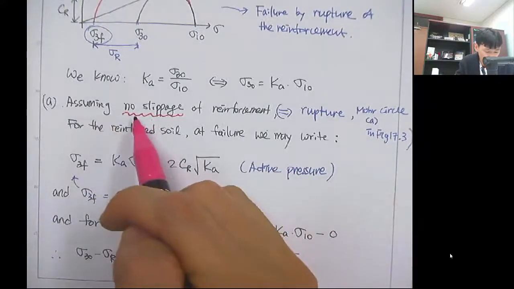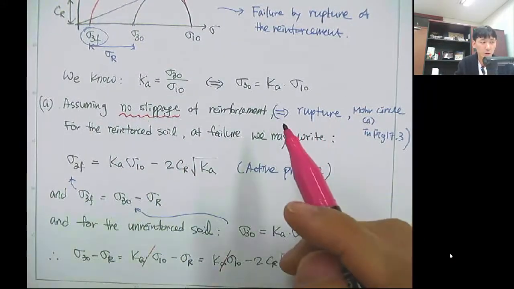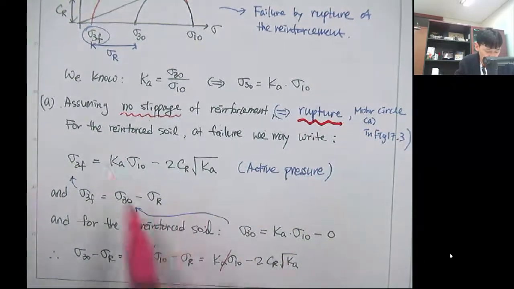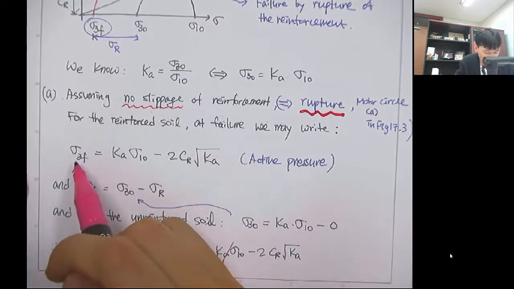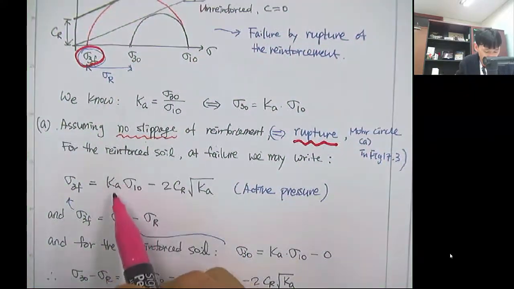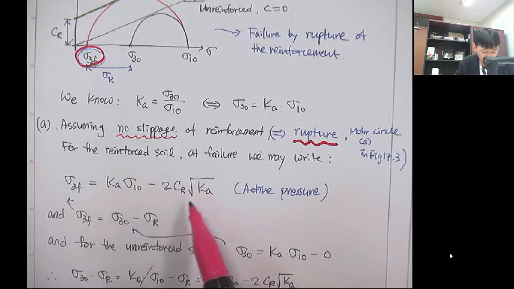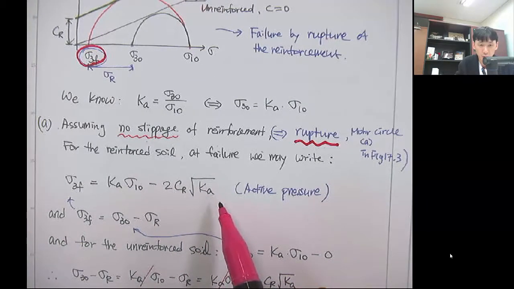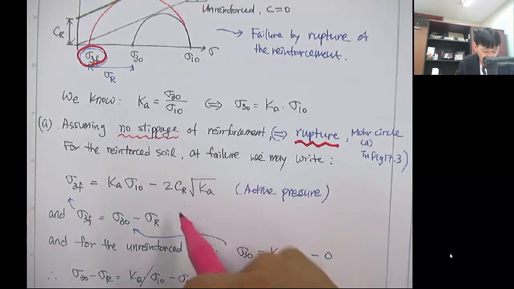Assuming there's no slippage of the reinforcement, which means the reinforcement fails by rupture, then for the reinforced soil at failure, we may write sigma 3f is Ka times sigma 1 naught minus 2Cr square root of Ka, which is the active pressure from the Rankine theory.